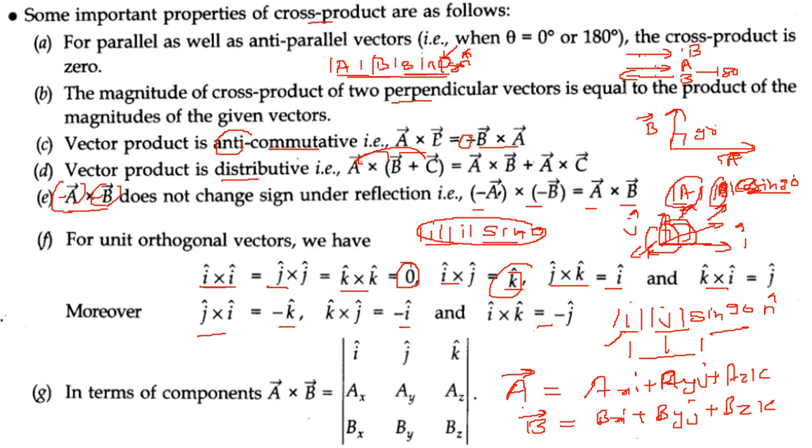So a cross b will be simply the determinant with the first row i, j, k, the second row ax, ay and az, the coefficients of i, j, k for a, and the third row the coefficients of i, j, k of the b vector. Just by obtaining the determinant of these coefficients, we get a cross b.